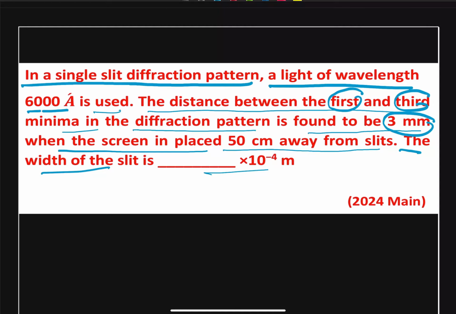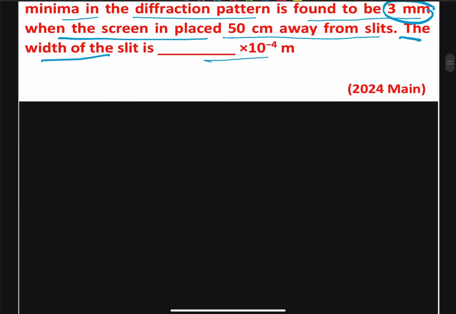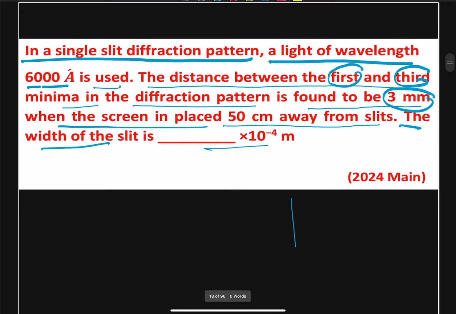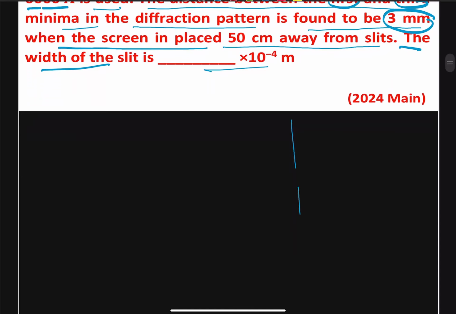So we can draw a rough approximate figure for that. Let us suppose this is our slit, a single slit, and this is a screen, and the screen distance is given as capital D, and the single slit width is given as b.